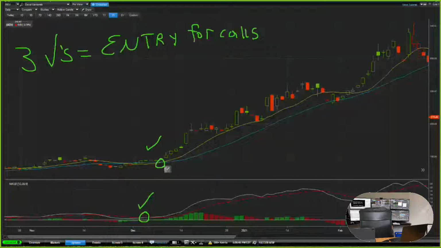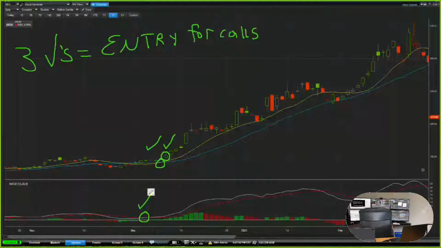Number 3, we're looking for that first candle after the crossover that's above the previous candle's body. That's really important. A green candle above the previous candle's body after the crossover, after you've got those two checks, because that is our third and final check. So this candle right here is going to represent our third check mark.